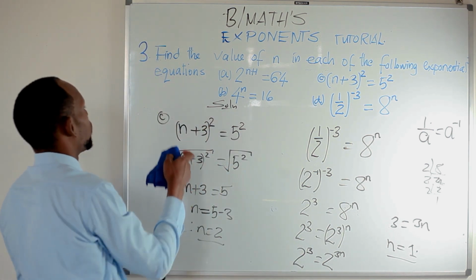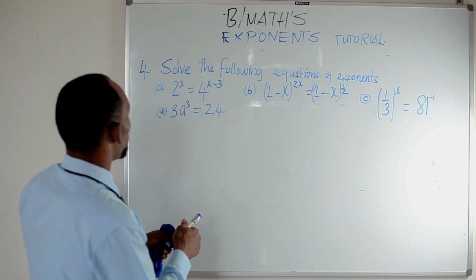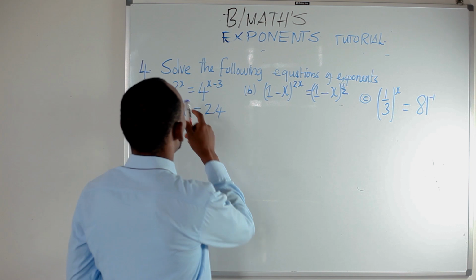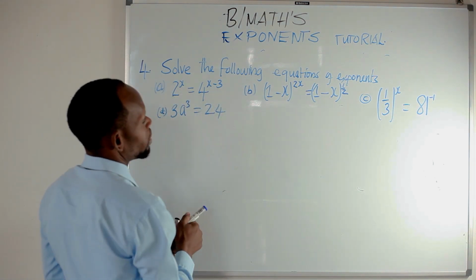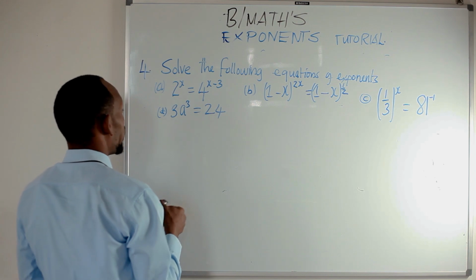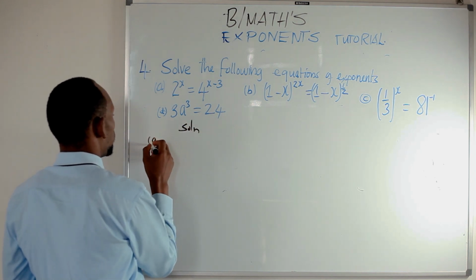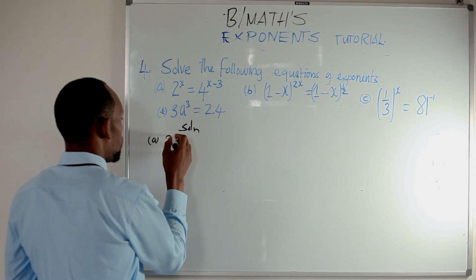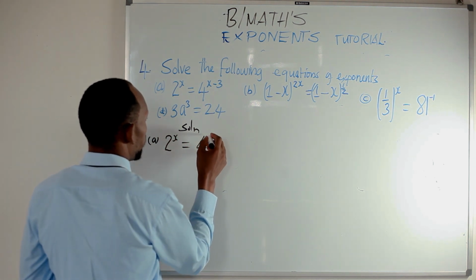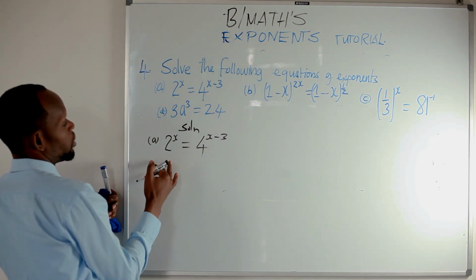Okay, so this is question number 4. Solve the following equations of exponents. So let us solve them. Start with A. You are given 2 power x equals 4 power (x - 3).